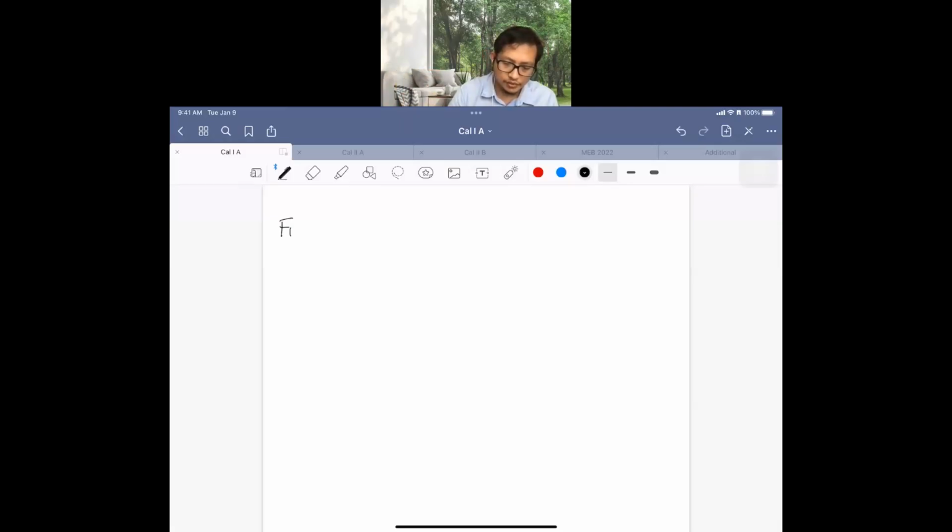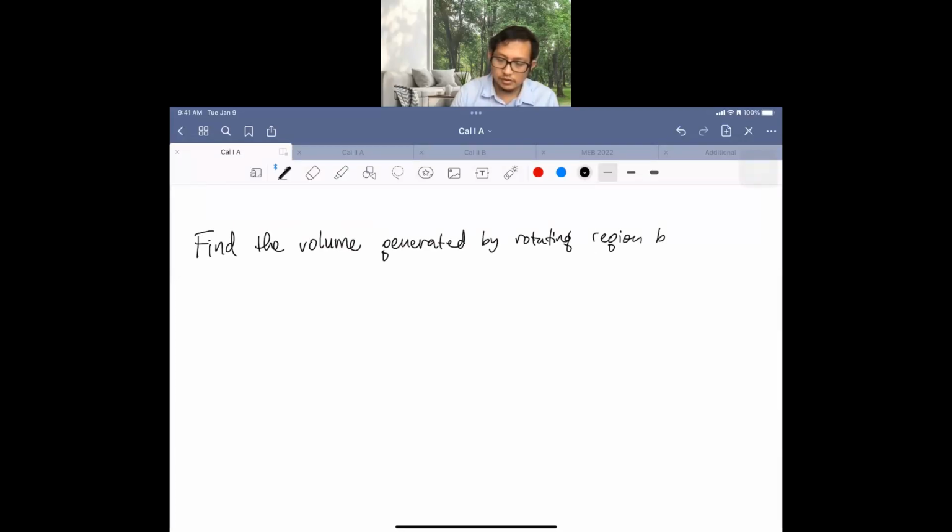Okay, find the volume generated by rotating the region bounded by the given curves about, let's say, the y-axis.